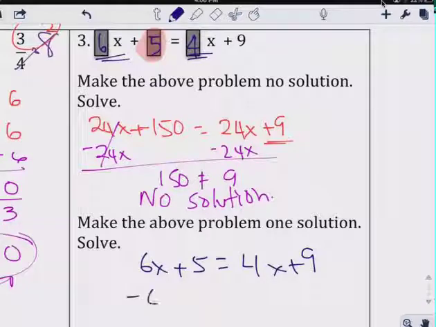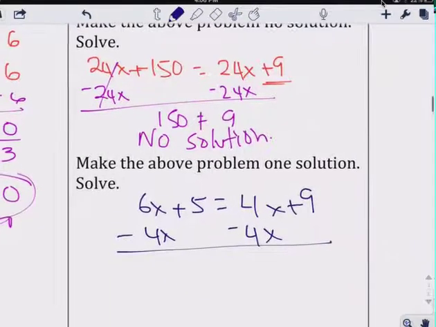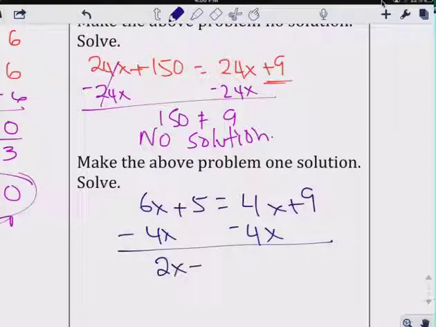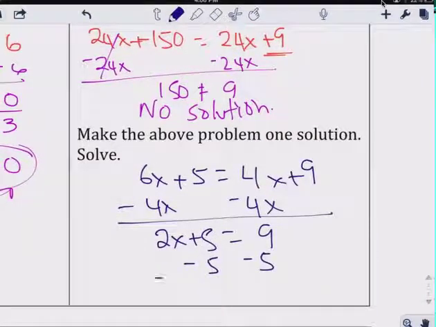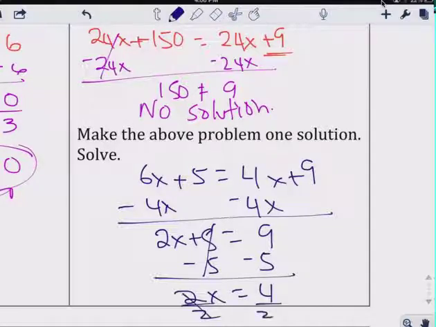Okay, minus 4x because it's smaller, minus 4x, minus 4x. Okay, that gives you 2x plus 5 equals 9. Minus 5, minus 5, you get 2x equals 4, divided by 2, and x then is 2.